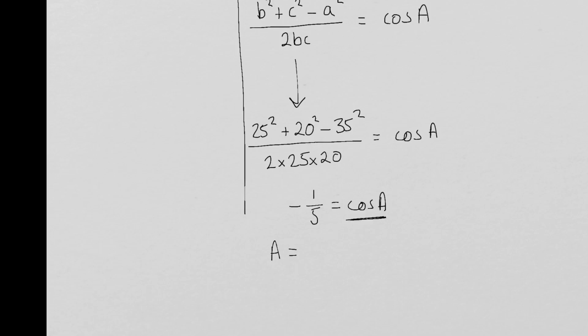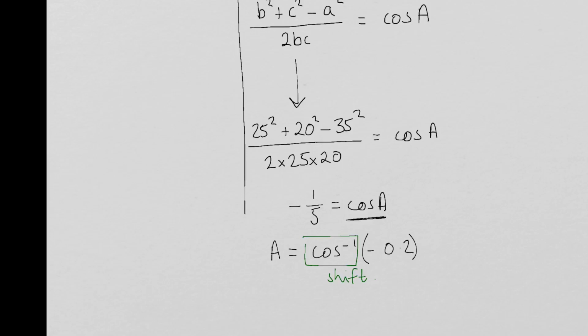So A is cosine to the minus 1 of this, minus a fifth. Now remembering that to get cosine to the minus 1 up on your calculator, you must first of all press shift before you press cosine. So doing that now, shift cosine of minus 0.2, or if you've still got minus 1/5 on your calculator, you can just press answer.